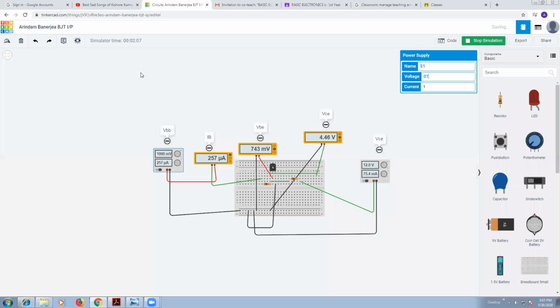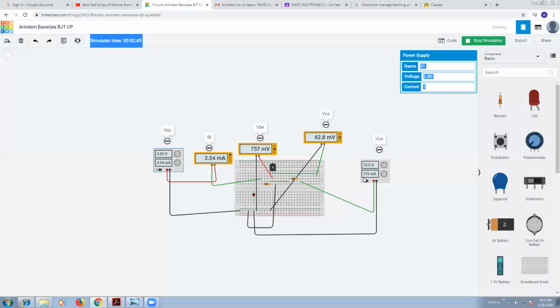These are the annotations here. You can drag an annotation here and write VBB, IB, or VBE. All these annotations you can write by dragging here. And here the corresponding VCE is 62.8.